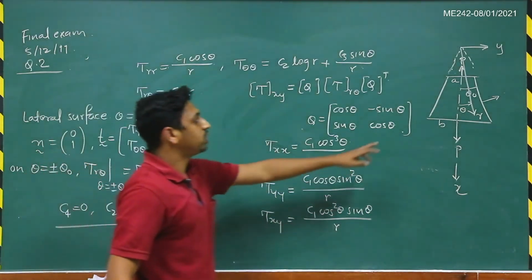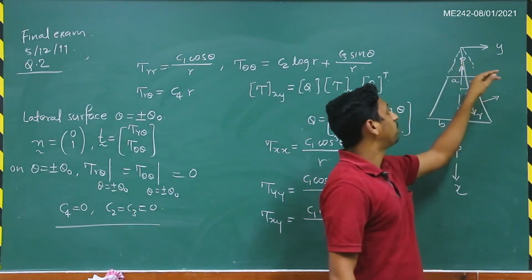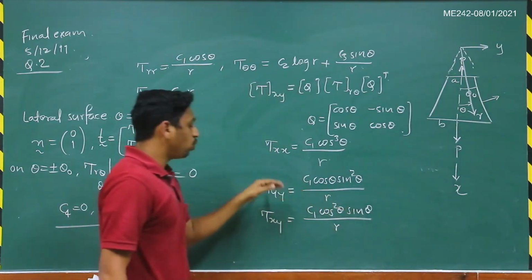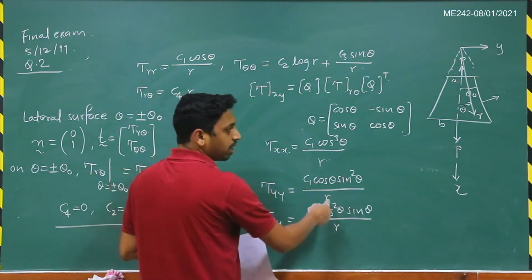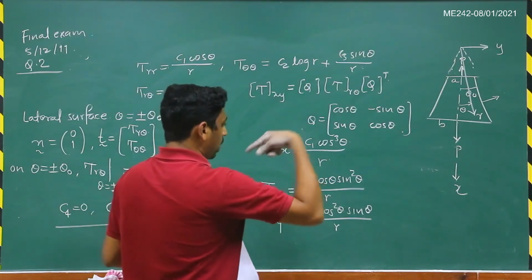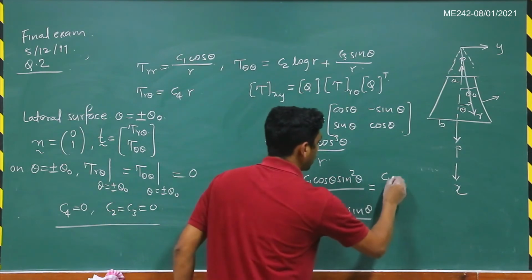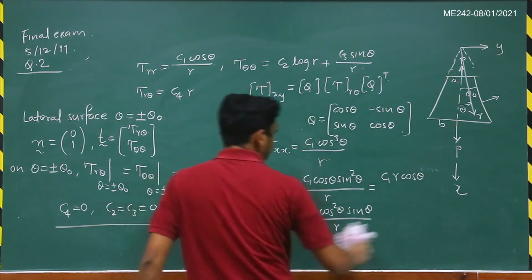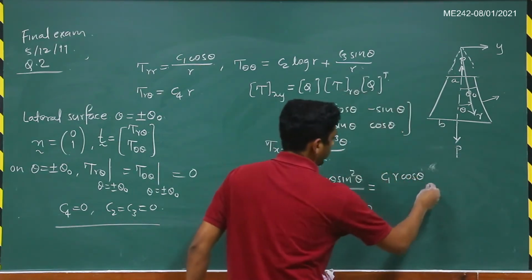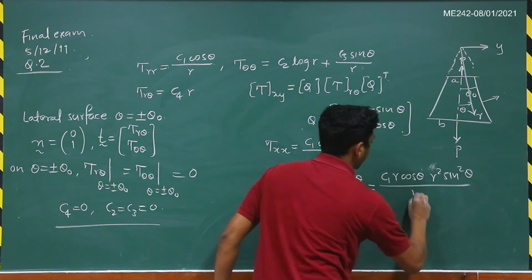Now to use this condition that the net axial force acting on this flat surface is equal to P, we have to transform everything into Cartesian coordinates. So these cos theta, sin theta terms need to be transformed to our coordinate system. We multiply C1 with r cos theta and r square sin square theta divided by r cube.